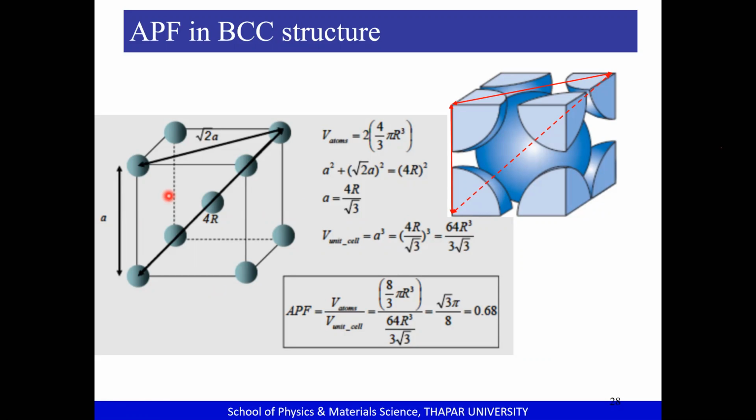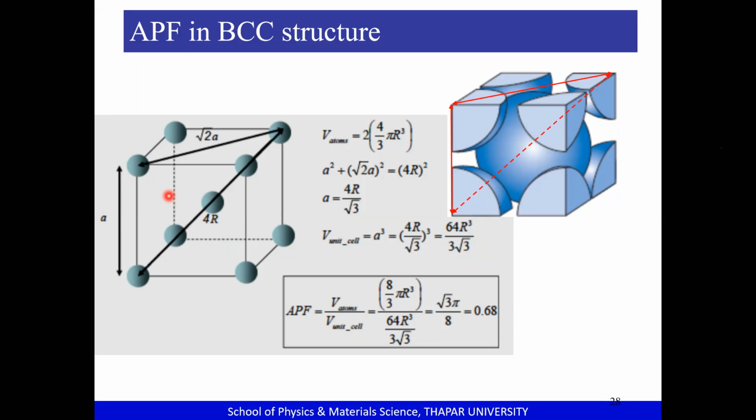Now whenever you want to derive APF, you should look along the direction where you have the highest number of atoms sitting. In the previous case, while we were discussing the FCC unit cell, we looked along the face diagonal because an atom was sitting on the face.